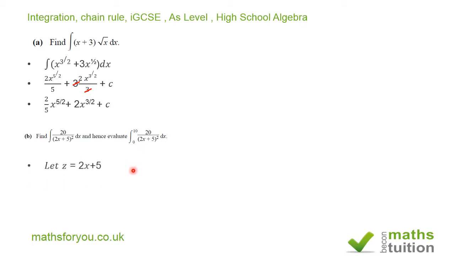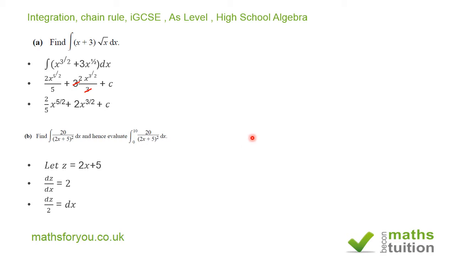So I'm going to put z is equal to 2x plus 5. And if I differentiate, I have that dz over dx is equal to 2. Now if I multiply both sides by dx over 2, I end up with dz over 2 is equal to dx. Now, I can comfortably replace my dx with dz over 2 and replace my 2x plus 5 with z.